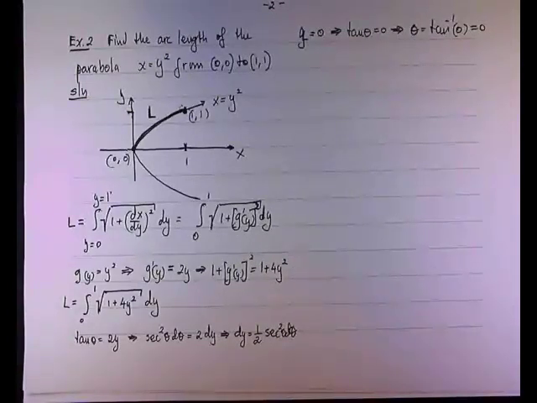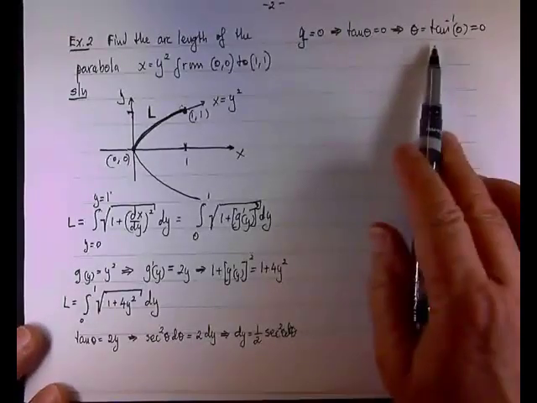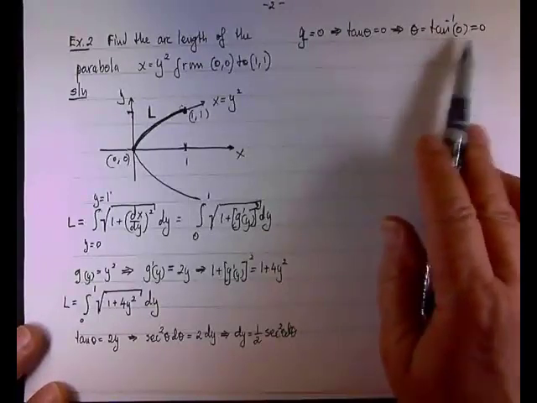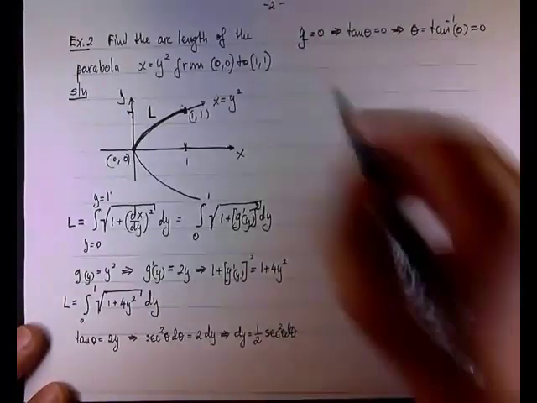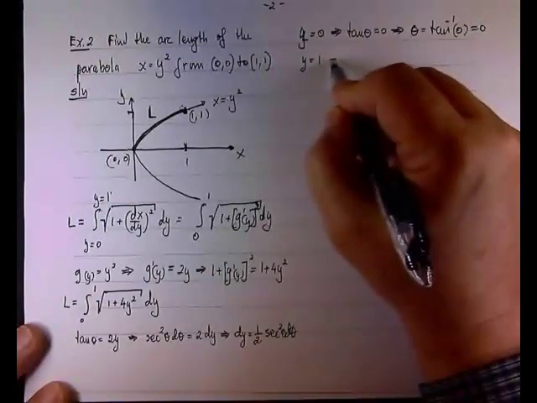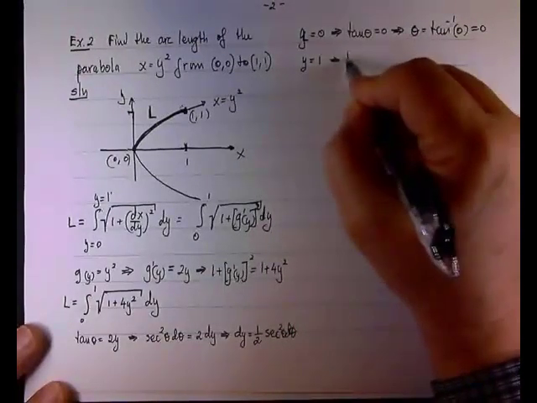Because again, the tangent is defined from negative pi over 2 to pi over 2, in order to be a one-to-one or invertible function. So the only value of theta that makes tangent theta equal 0 is 0.